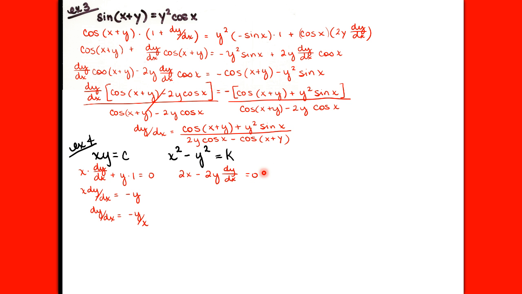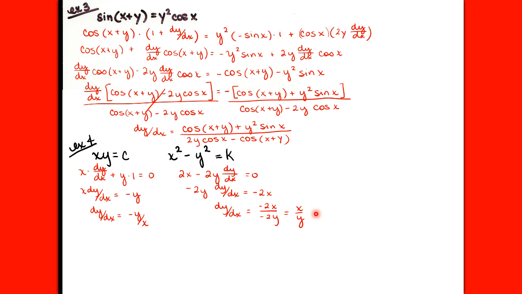So let's solve for dy/dx. Let's subtract the 2x over to the other side, and then to get that dy/dx by itself, we can divide by negative 2y. Our negative 2's drop out, so we're left with x over y.